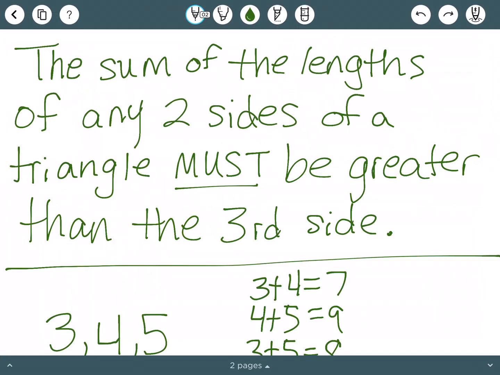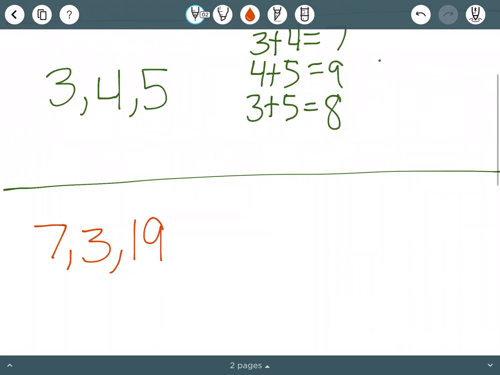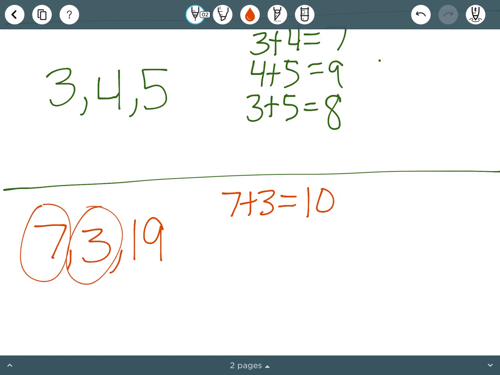All right, so let's take a look at this adding of the sides. We have sides 7 plus 3. That gives me 10. Okay, so I already see a problem here. The sum of these sides, 7 and 3, is it greater than my third side? No, it's not. It's less than, right? 10 is less than 19. So this doesn't work already.